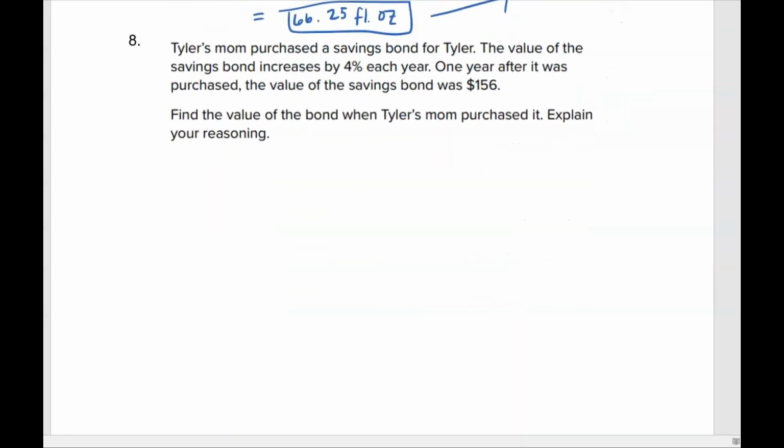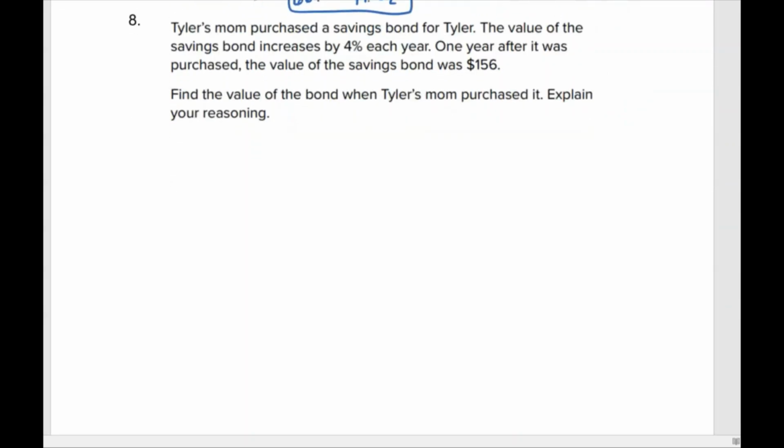Number 8, Tyler's mom purchased a savings bond for Tyler. The value of the savings bond increases by 4% each year. One year after it was purchased, the value was $156. Okay, so it's increasing 4% each year, and one year after it was purchased, we had 156.